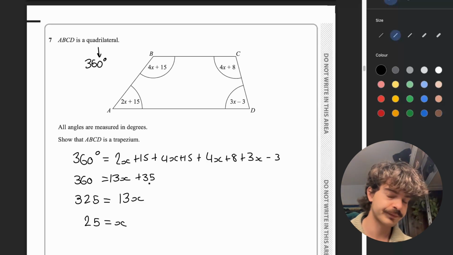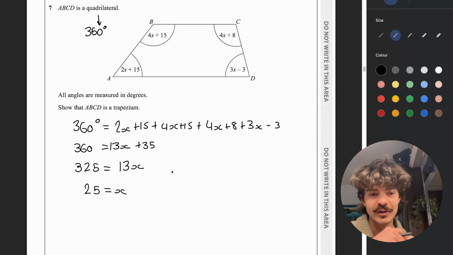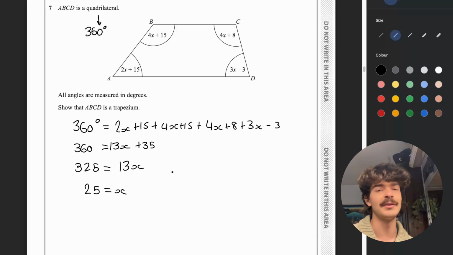Cool. So just going back into our quadrilateral, just to show that it's a trapezium, we need to make sure that angle A plus angle B is equal to 180. You could also show that angle C plus angle D is equal to 180.